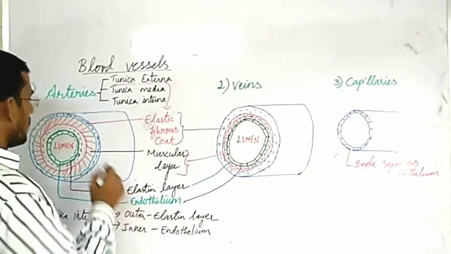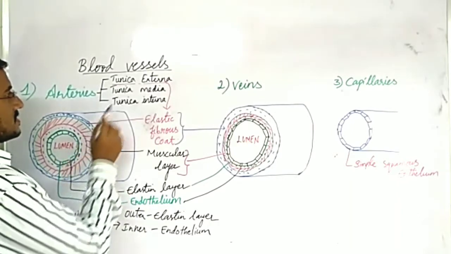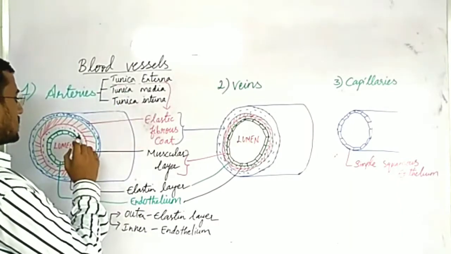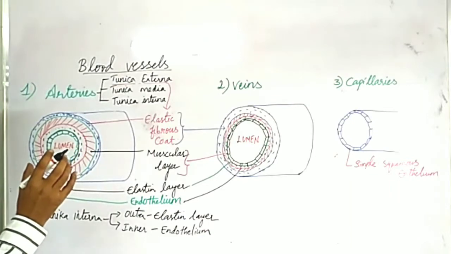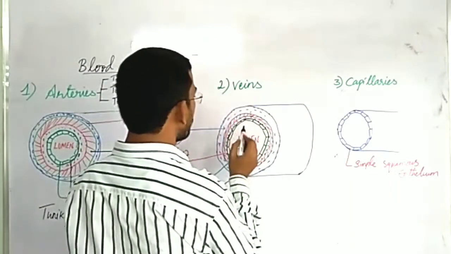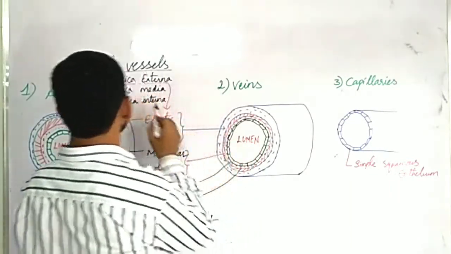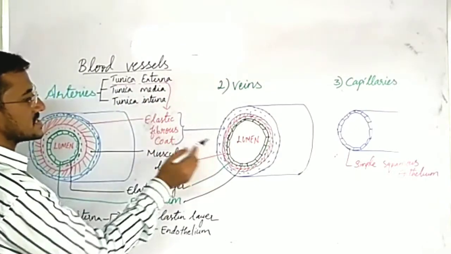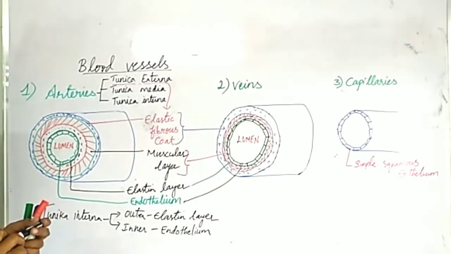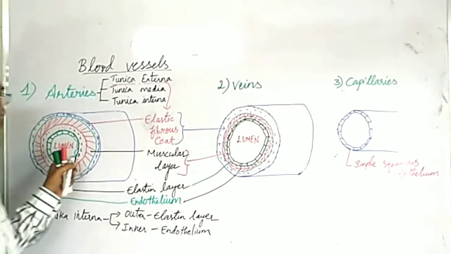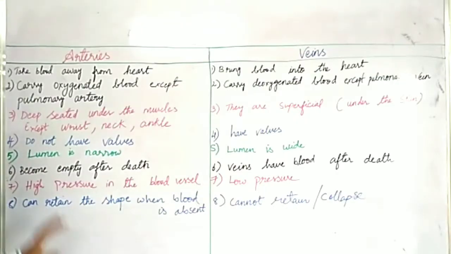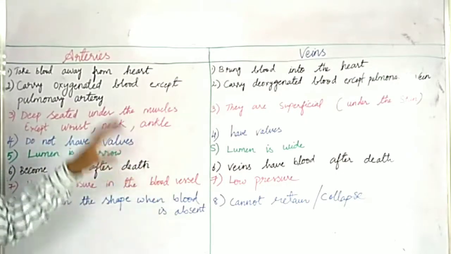These two layers, tunica media and tunica interna, are thicker in arteries. But in veins, these two layers are thinner. And the lumen is smaller here. Here the lumen is bigger.